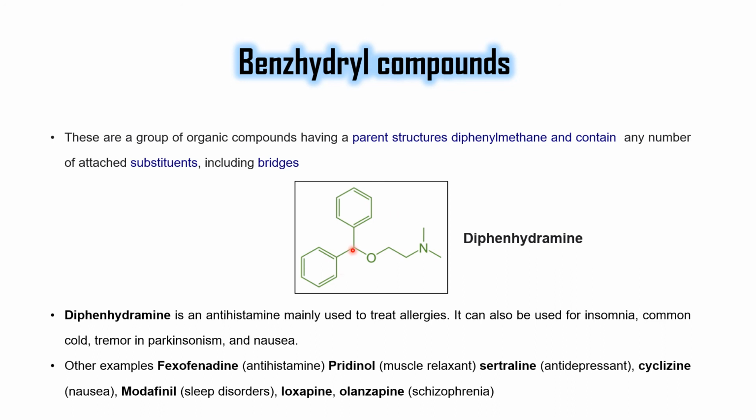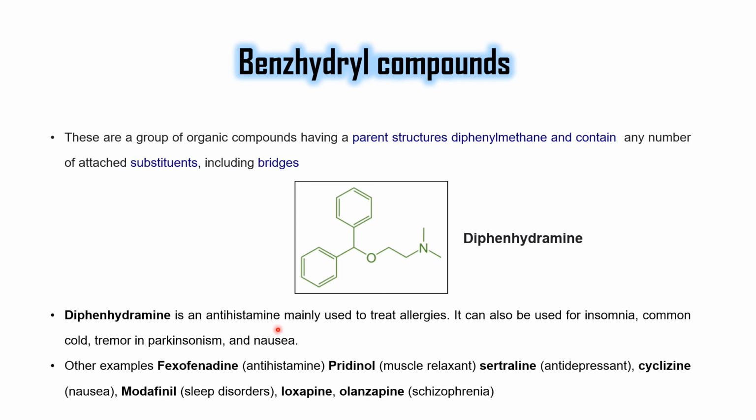Here you can see one hydrogen is replaced because of this group to make it diphenhydramine. This central carbon can also be extended. It can also be a part of a chain which ultimately forms a different ring over here, or it can form a fused ring over here. So anyhow, either as a substitution or a bridge, this carbon will be reacted.